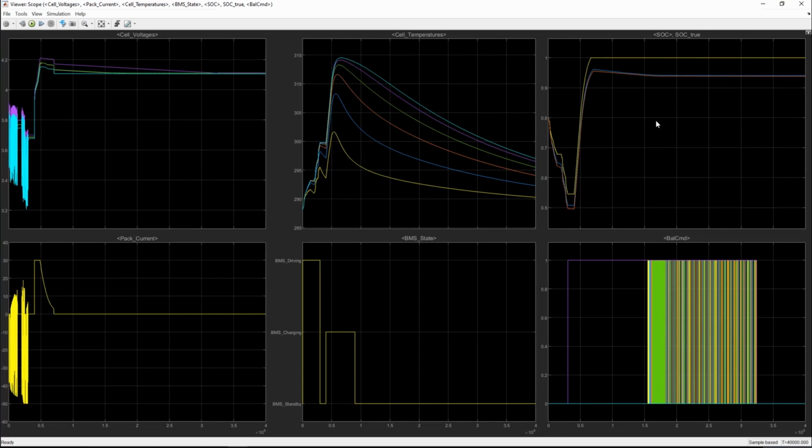The graph on the top right shows 3 SOC estimation traces of the same battery cell, each performed with a different method. Yellow corresponds to Coulomb counting, blue corresponds to UKF, and orange to extended Kalman filter.